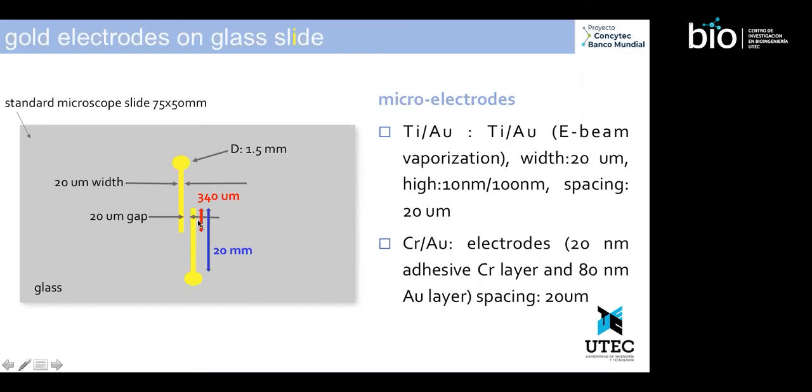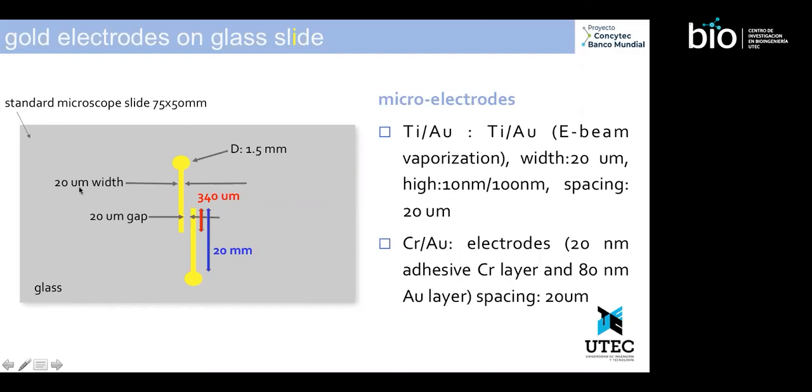We put on the electrodes by gold deposition. It's either a titanium layer first and then the gold, so there's the E-beam preparation, or you put a chrome layer first and then the gold on top. You need these adhesive layers first, because gold does not stick to glass, it will just fall off.